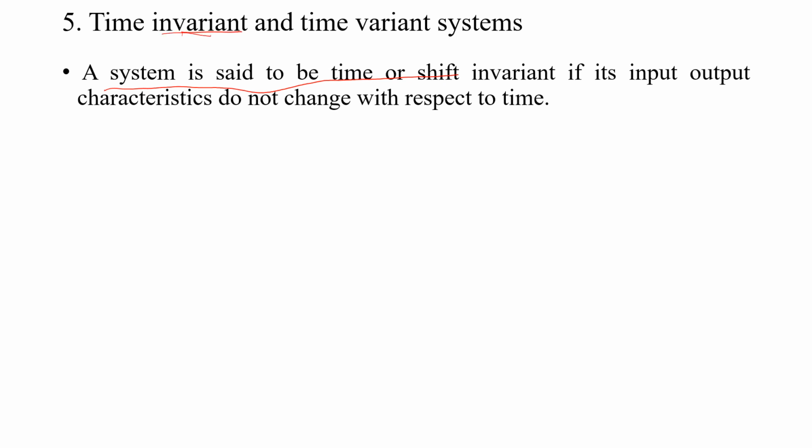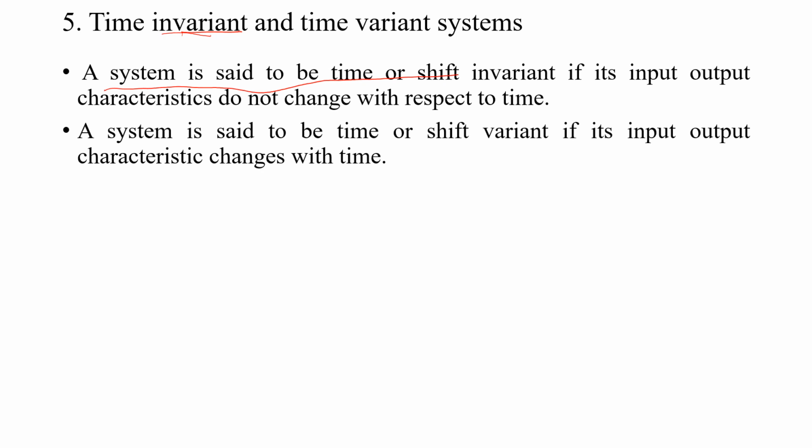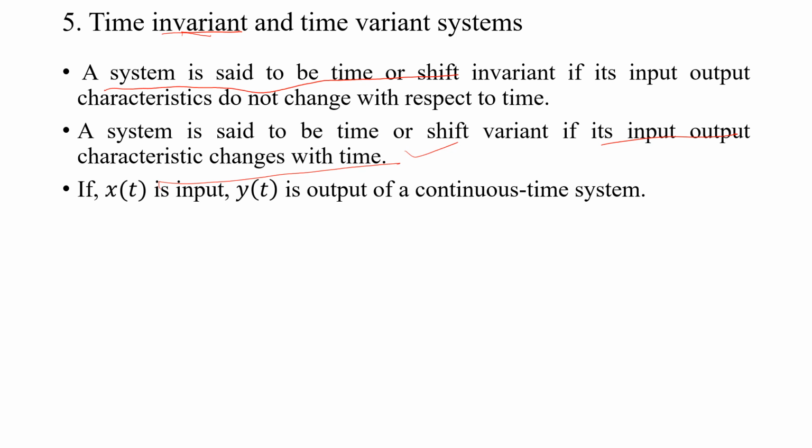A system is said to be time variant, or shift variant, if its input output characteristics change with time. If the output changes with time, then it is called time variant. If it does not change, then it is called time invariant.